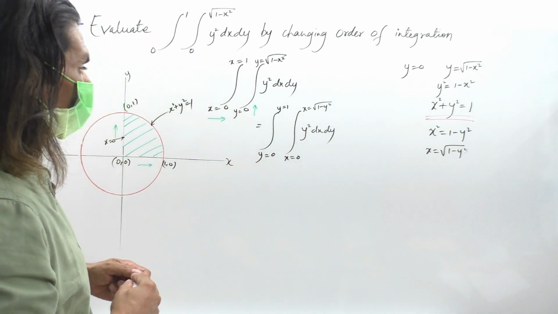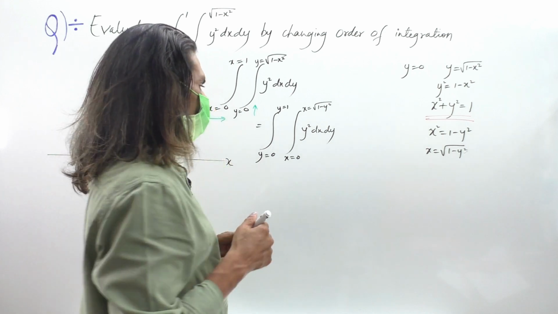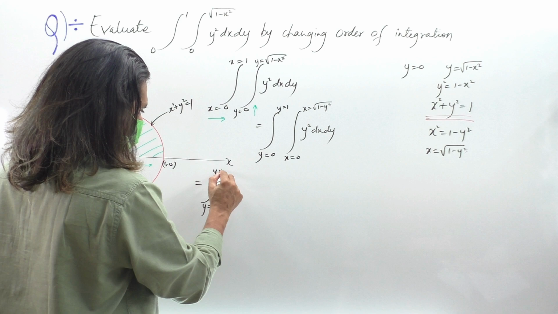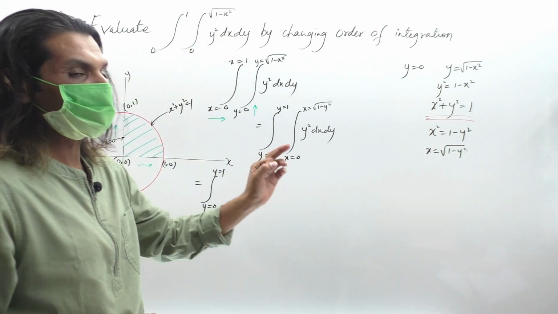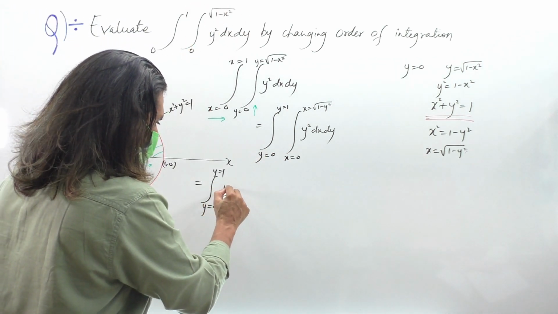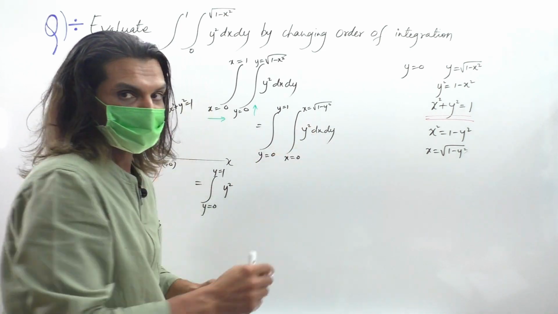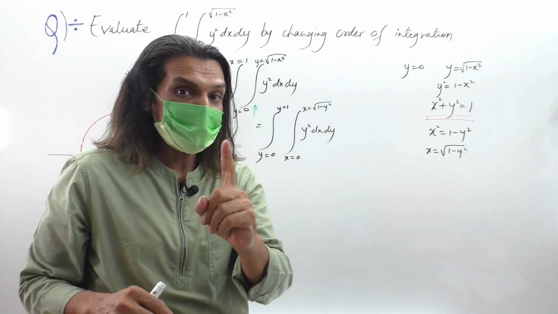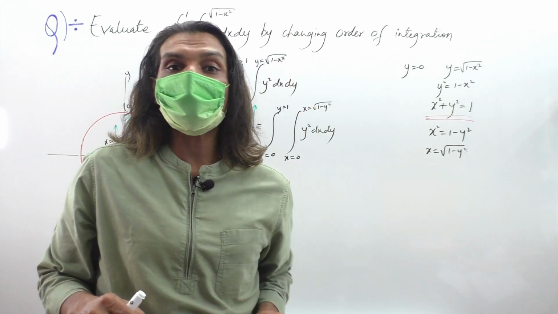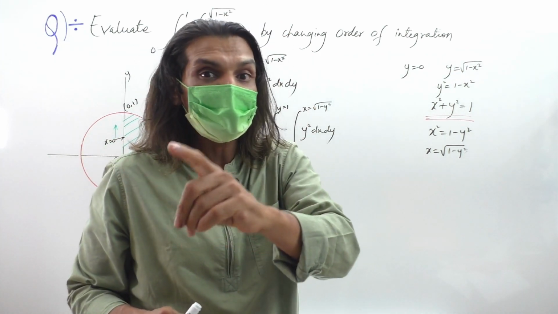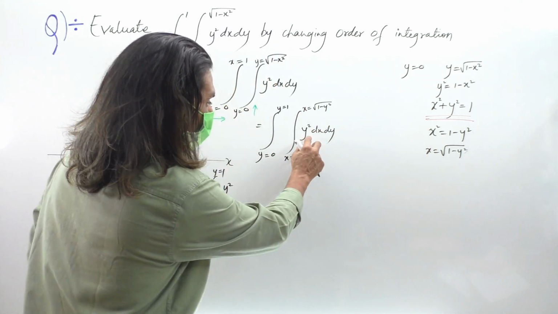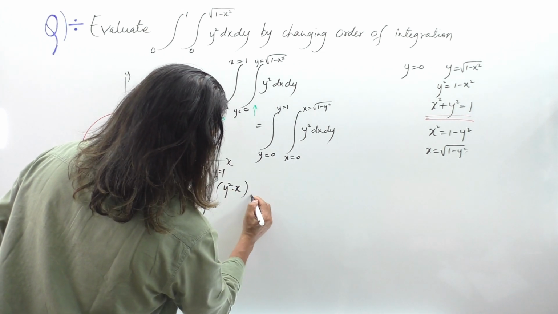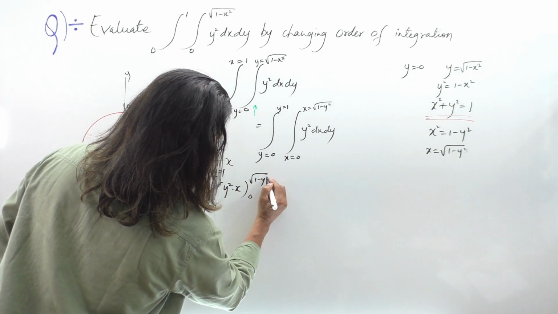Now we need to integrate this to get the answer. The outside limit is as it is, y is equal to 0 to y is equal to 1. Integrate with respect to x. The y square stays as it is, since there is no x, only 1. As I mentioned in the previous videos, the integral of 1 with respect to x is x, with limits 0 to root of 1 minus y square.